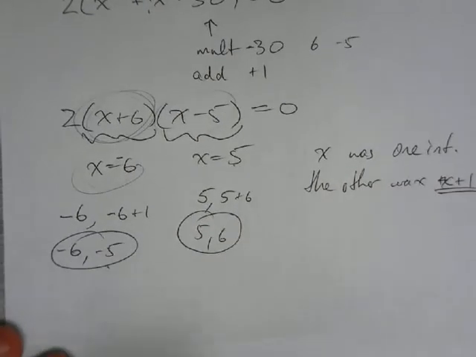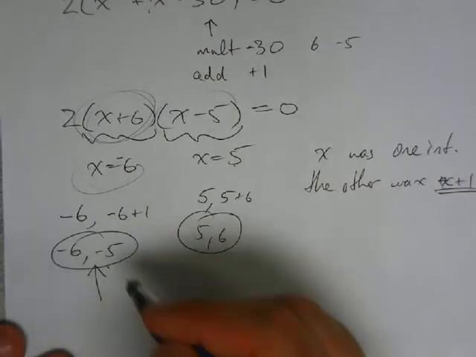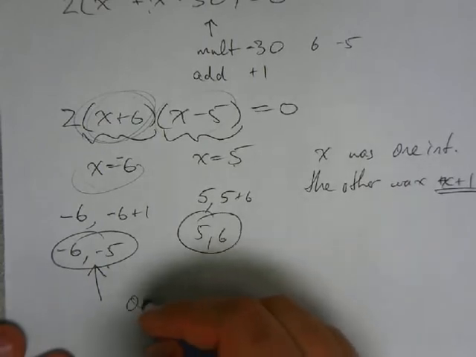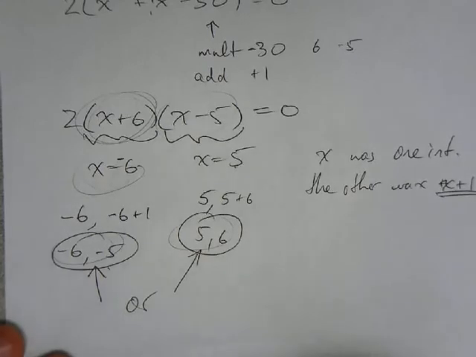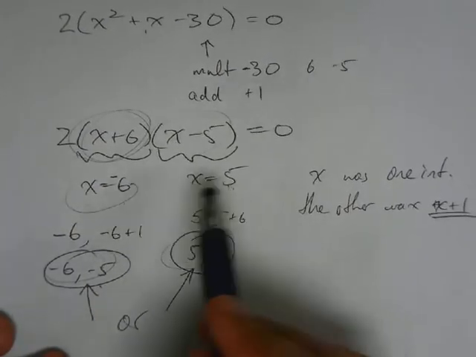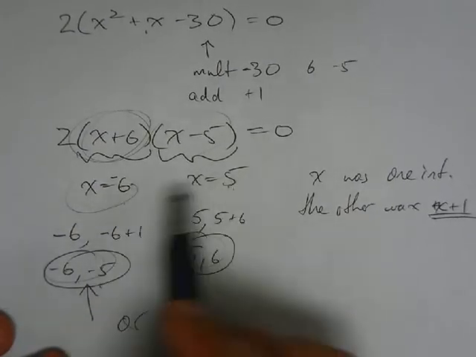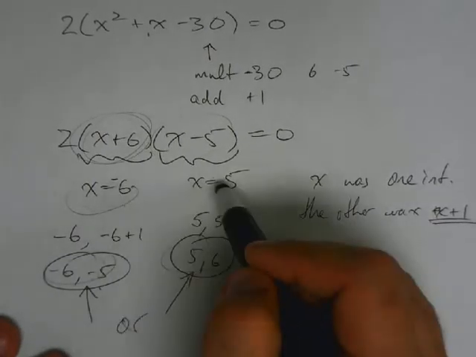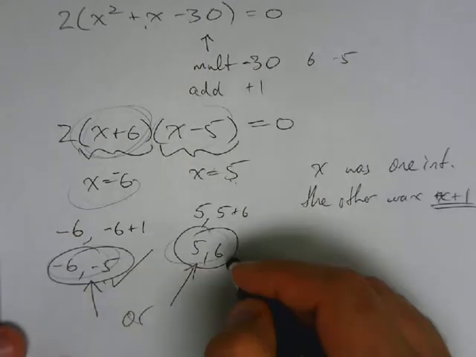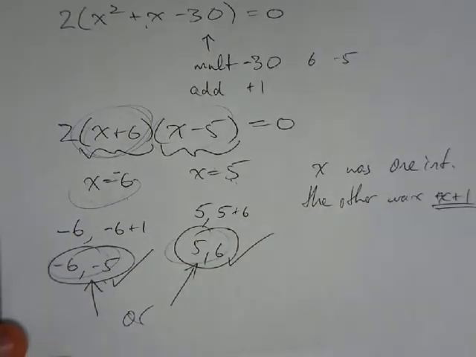So the two consecutive integers are either negative 6, negative 5, or 5 and 6. These are consecutive and these are consecutive. If you wrote the answers negative 6 and 5, those two integers, some of their squares do add up to 61, but they're not consecutive. So really, this is one answer, this is the other answer, and both of them are okay.